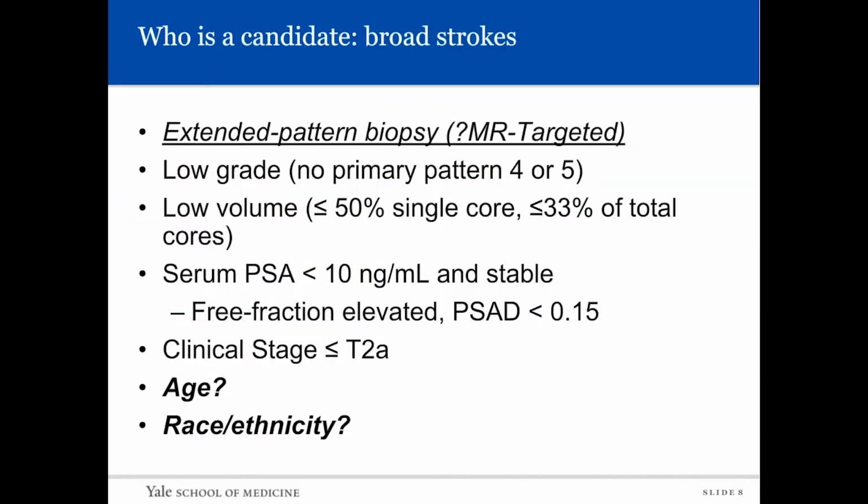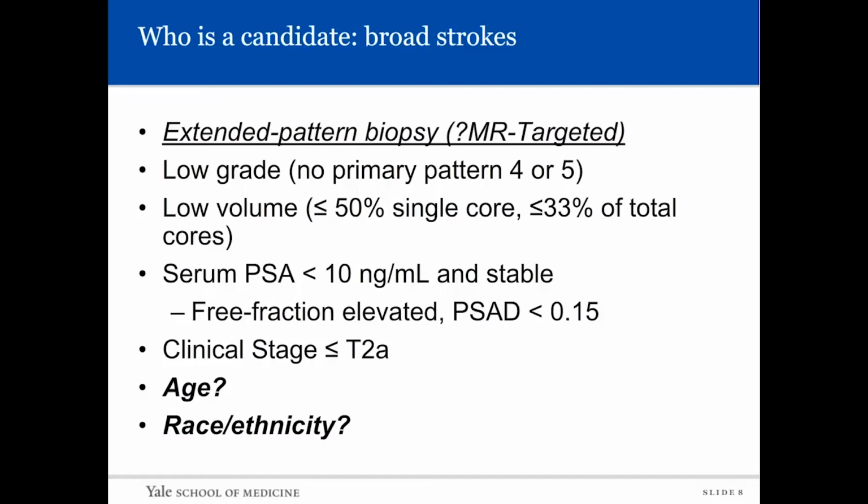So if you look in broad strokes, who is a candidate? These are patients with an extended pattern biopsy, perhaps MR targeted. They should have low-grade disease, so no primary pattern 4 or pattern 5. They should also have low volume of disease, less than 50% of a single core, less than a third of cores positive, but there is some wiggle room between the different institutions in how we define that.